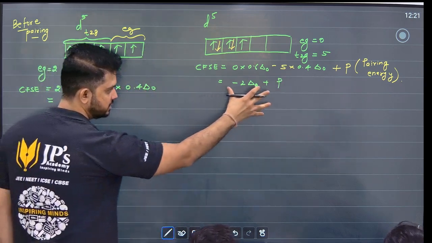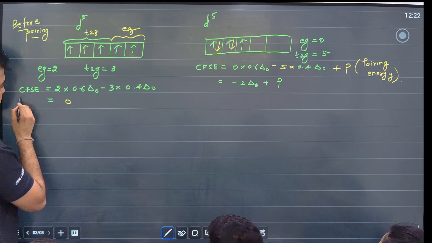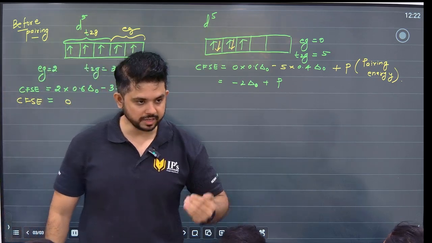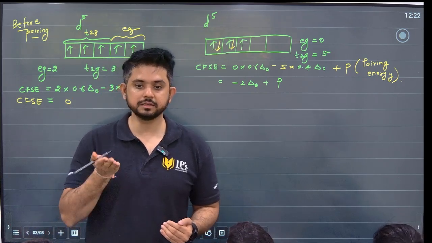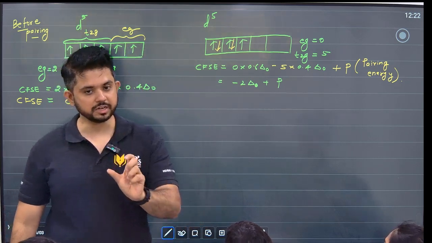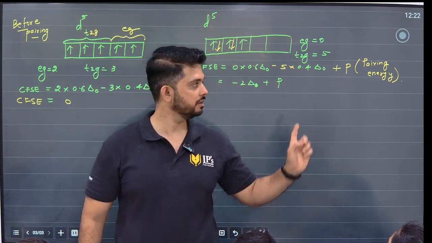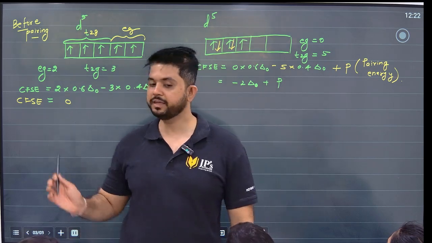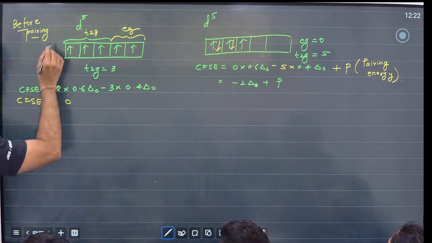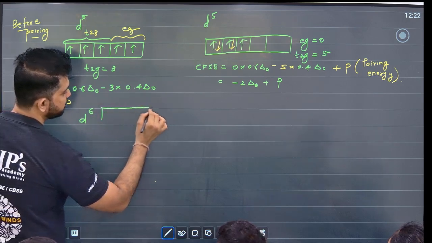Now this energy is still less compared to the CFSE that we have here. And remember, lower the energy, higher is the stability. And that is why we need certain conditions, I'll tell you later. Only in these certain conditions there will be pairing, else there will be no pairing. Let's say we find the same for d6. How will d6 look before pairing?